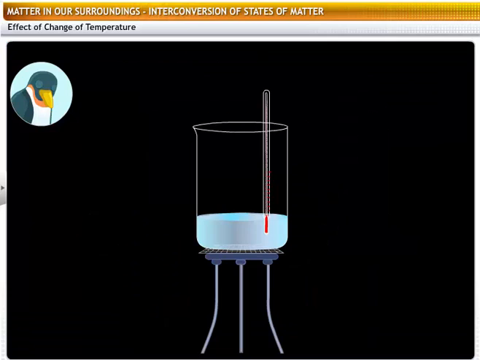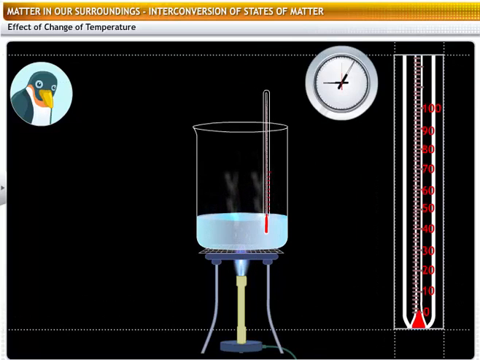Getting back to our experiment, let's continue to heat the water and note down the thermometer reading every minute. Observe that the water has started to boil and steam is rising from its surface.